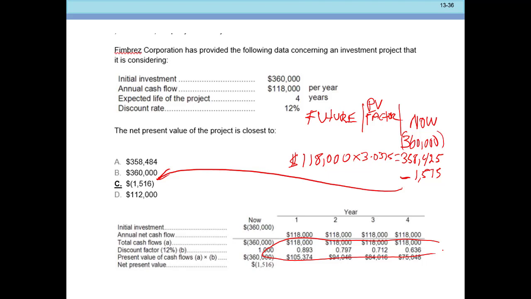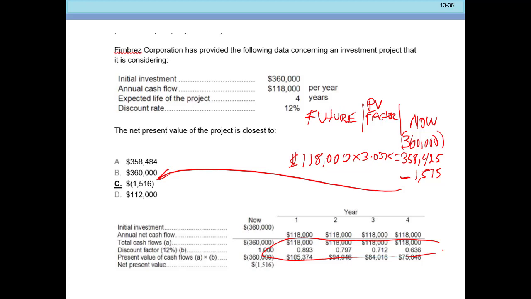And with Excel, you just simply highlight the whole row of payments and you hit the function present value and it'll give it to you that way, right? Okay, but we're going to use the tables in here, obviously. We're not going to be doing Excel calculations. Okay, was there a question, sir? Okay. All right, question?